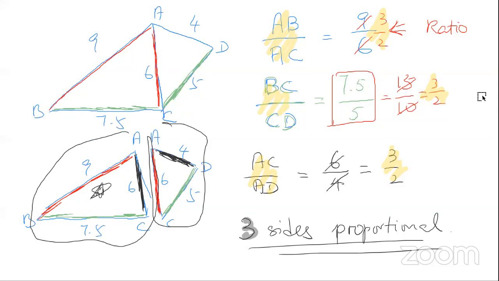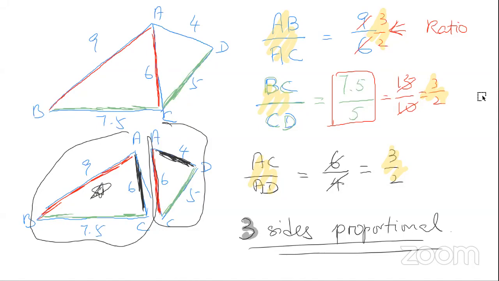But this one you may find a little bit more difficult, because when they are different in size, some people may find it difficult to look at the shape, and difficult to pair up the angles.